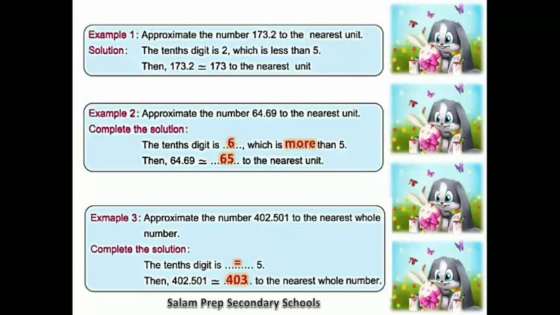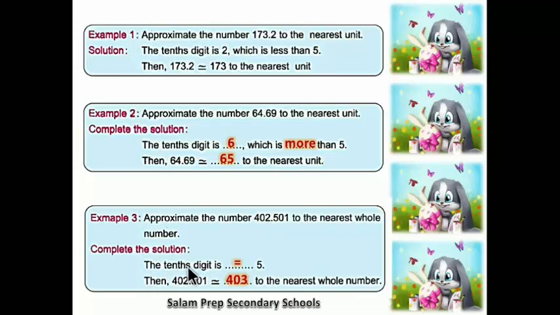Before units place is tenths in decimal part. Digit 5 in tenths place, we will add 1 to digit 2 in units place. So the answer will be 403.